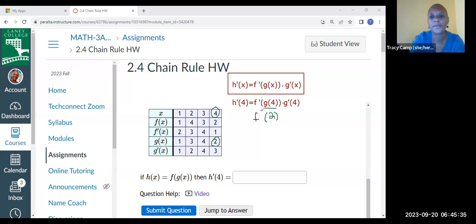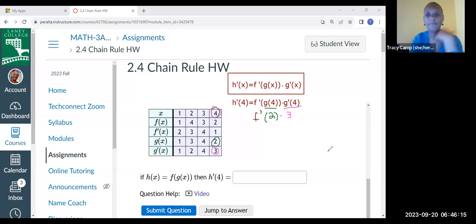One other thing I can work on right now is finding my g prime of 4. What color shall I use? So many choices. Now I'm going to look to find my g prime of 4. Again, right here we have 4, and g prime is 3 right there. So this will be f prime of 2 times 3.